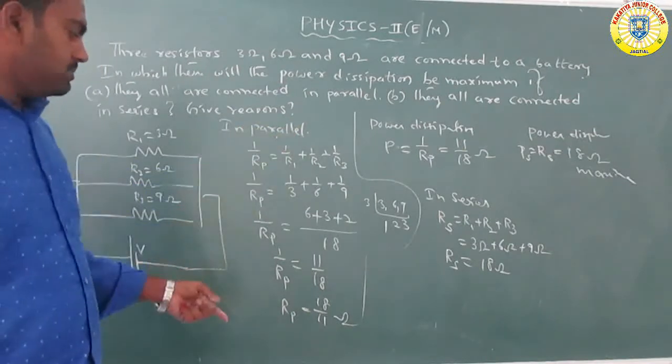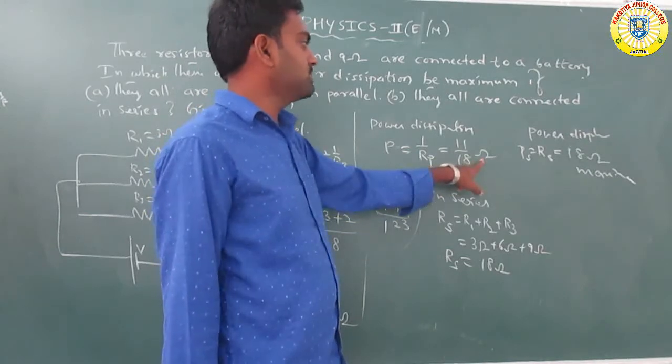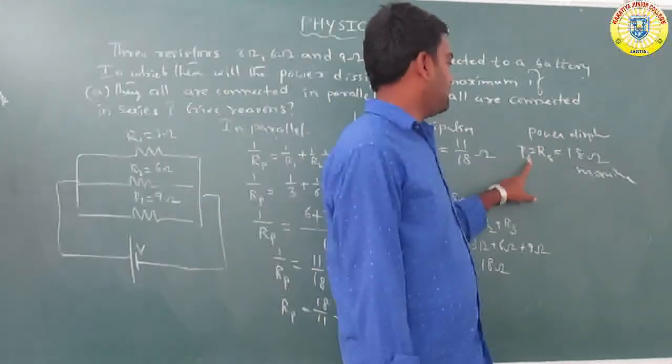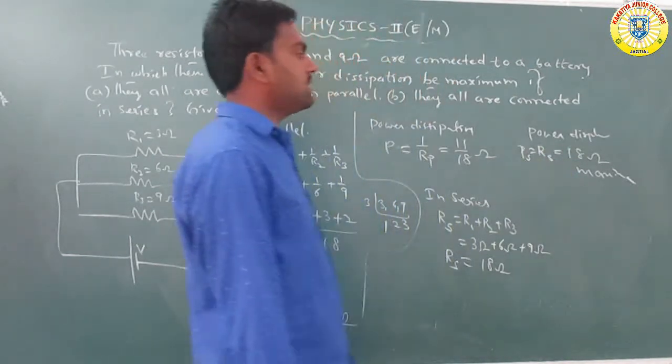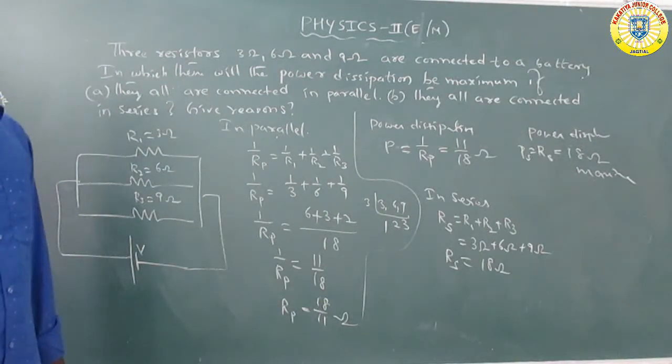Now observe the parallel combination, where the value is 11 by 18 ohms. So the power dissipation in the series combination, PS proportional to RS, 18 ohms, is the maximum.